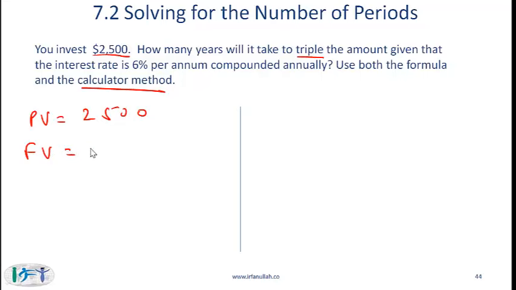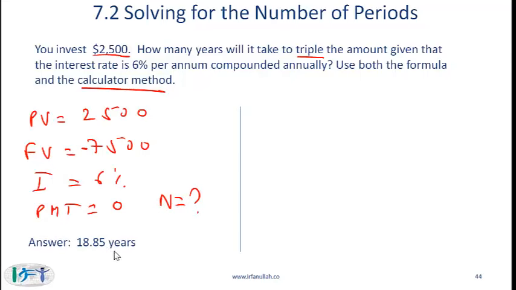The number needs to triple. So future value is minus 7,500. We are told that the interest rate is 6%. Payment is equal to 0 because there is no cash flow in between, and n is what we compute. If you plug these numbers, what you should get is 18.85 years.